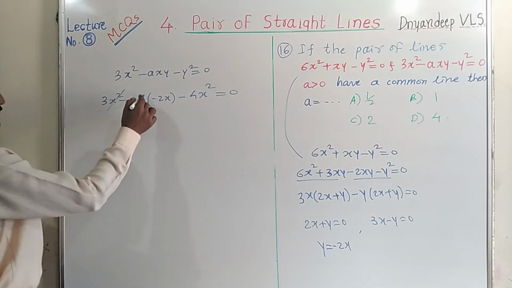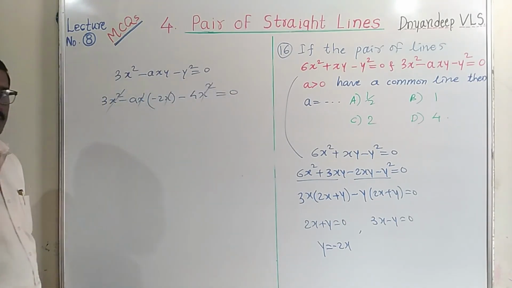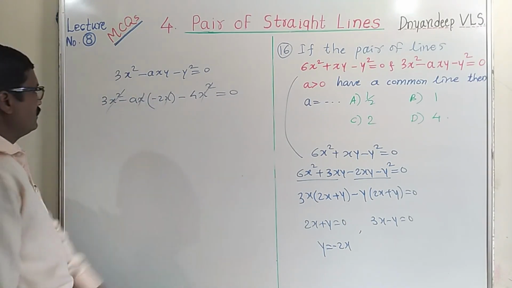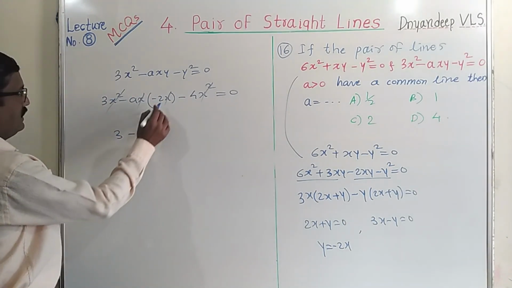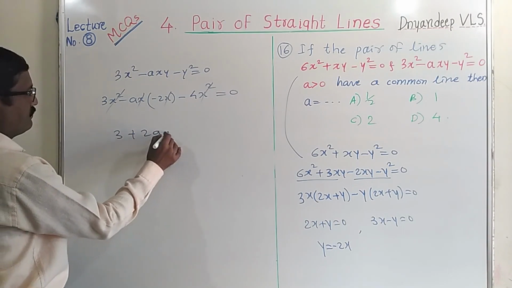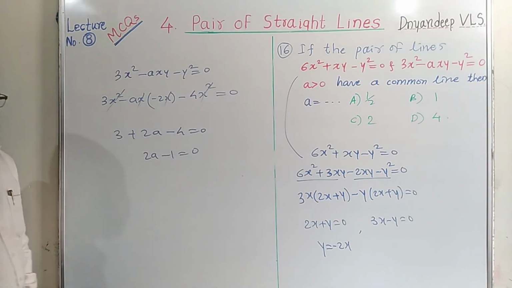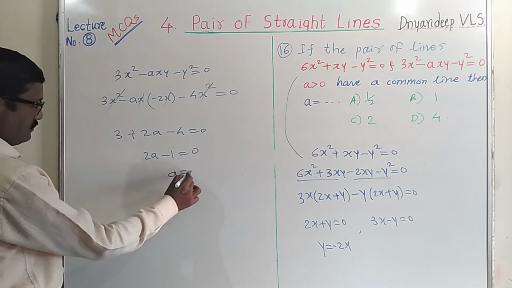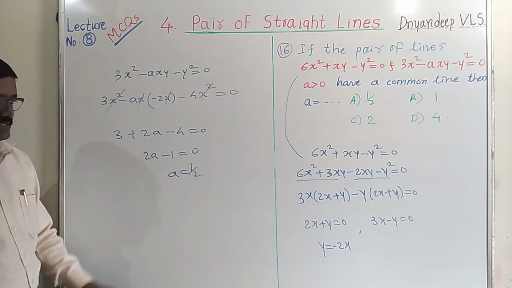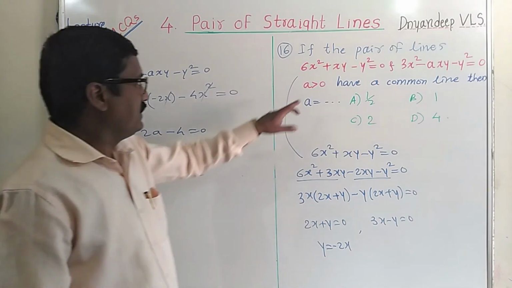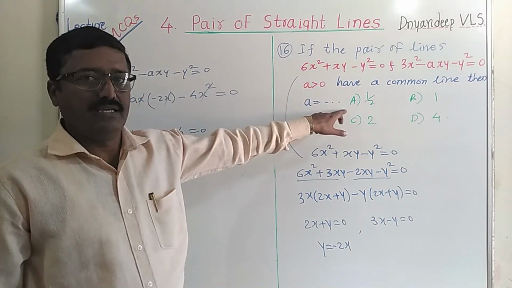So here this x square and this x square can be taken common and it will get cancelled. So remains 3 plus 2a minus 4 equal to 0, that is 2a minus 1 equal to 0, and therefore a is equal to half, the positive value of a. So option A is correct.